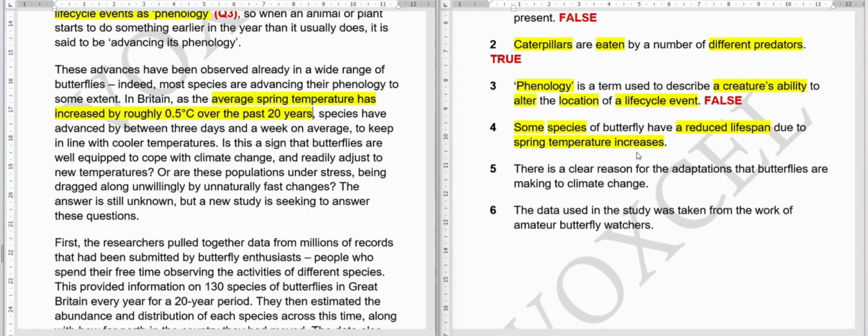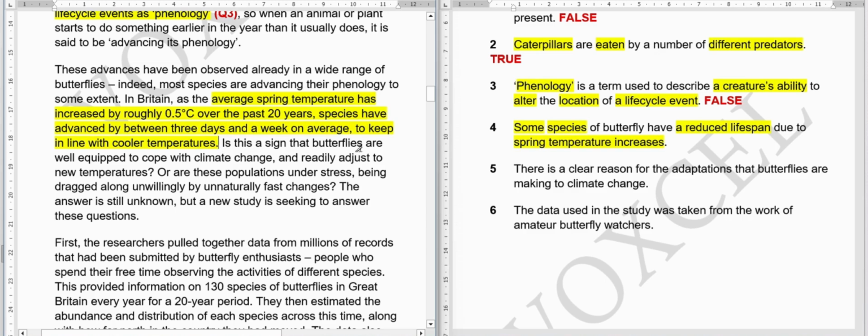So we have found the location of this species have advanced by between 3 days and a week on average to keep in line with the cooler temperatures. So what they have done is the species have advanced their phenology, meaning their breeding season, and now they are breeding 3 days or a week earlier than they used to, so that they can do it in cooler temperatures.